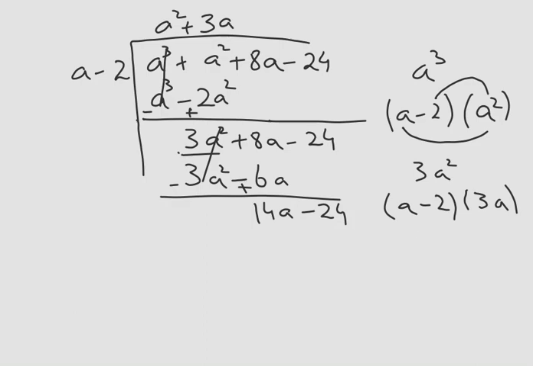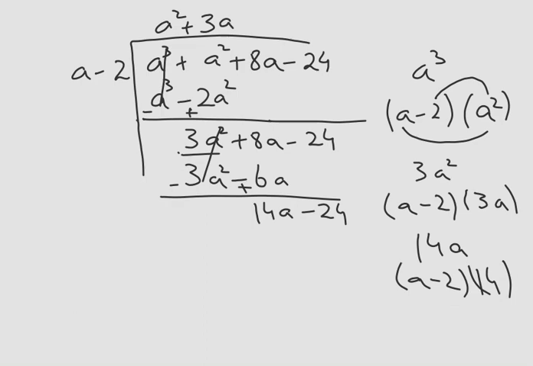Now what we need is 14a, so we will multiply a minus 2 by 14, and we will get 14a.